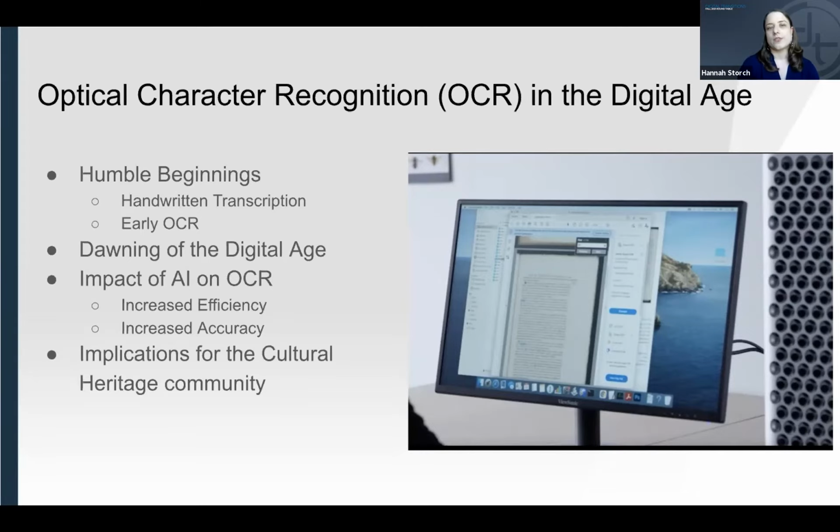Using a range of these technologies, including machine learning, natural language processing, and image processing, OCR software is now able to learn new languages and adjust to changes in text and document types much more easily than ever before.